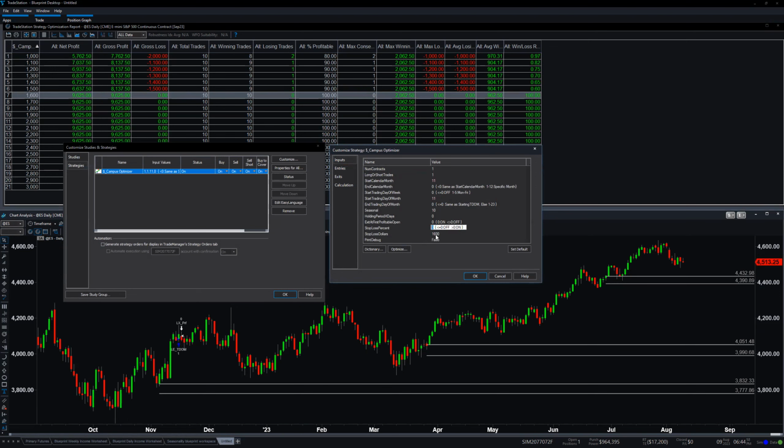So it now took in the $1,600 stop loss, so I don't have to change that. We're looking at the 11th trading day still. We're looking at November still from before. So now I'm optimizing my holding period. And to do so, I first need to turn the logic off.